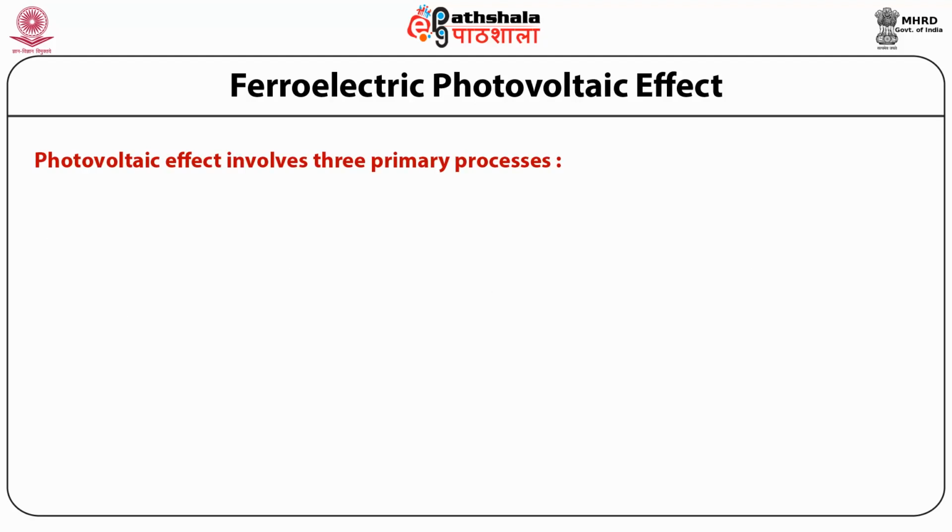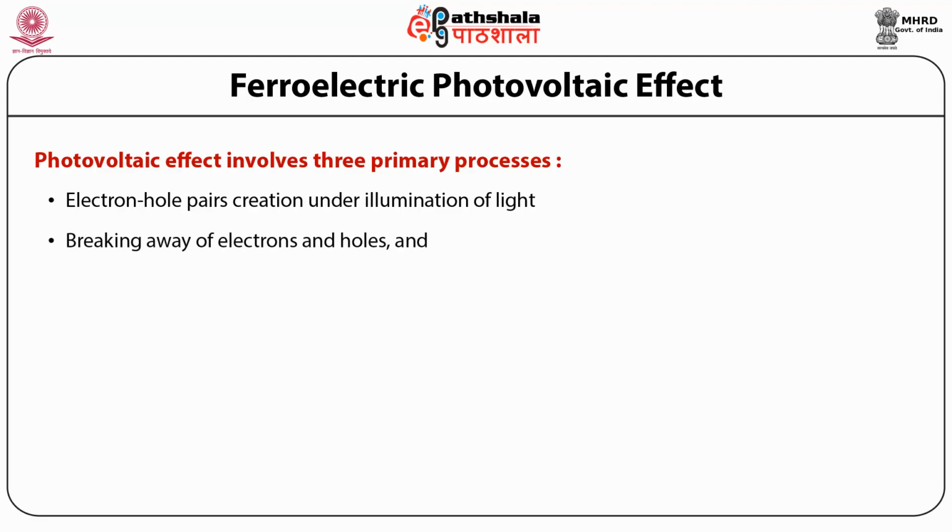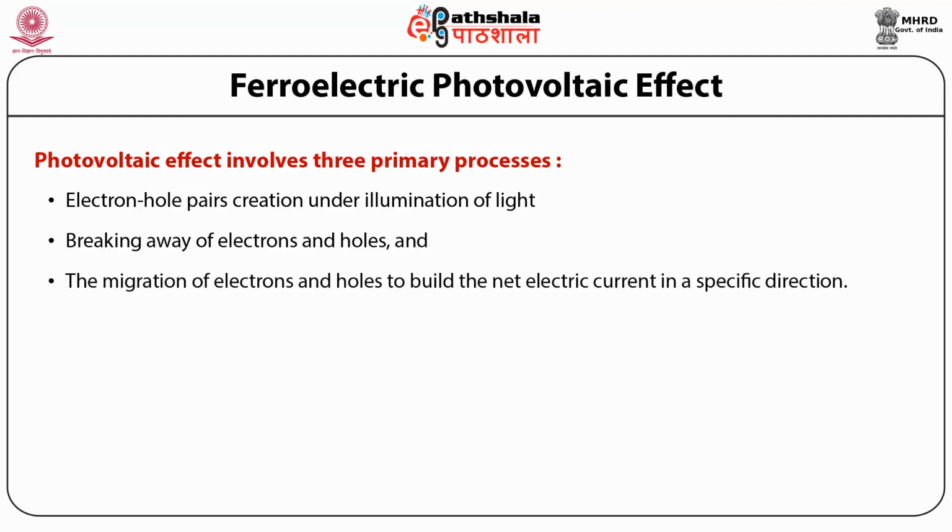The photovoltaic effect involves three primary processes. Number one, electron-hole pair creation under illumination of light. Secondly, the breaking away of electrons and holes. And thirdly, the migration of electrons and holes to build the net electric current in a specific direction.